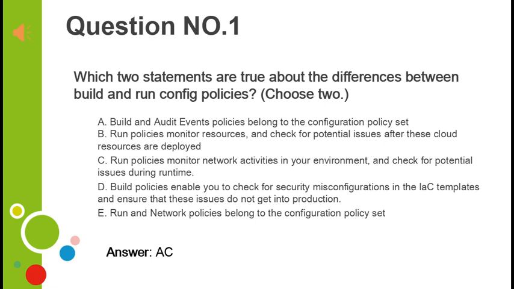C. Run policies monitor network activities in your environment, and check for potential issues during runtime. D. Build policies enable you to check for security misconfigurations in the IaC templates and ensure that these issues do not get into production. E. Run and network policies belong to the configuration policy set. Answer: AC.